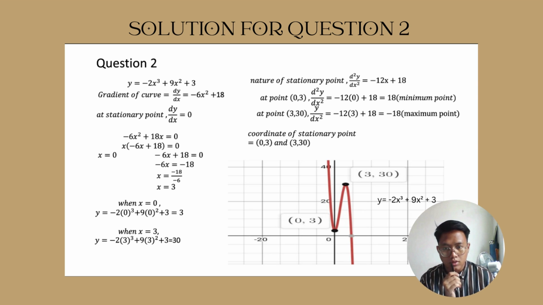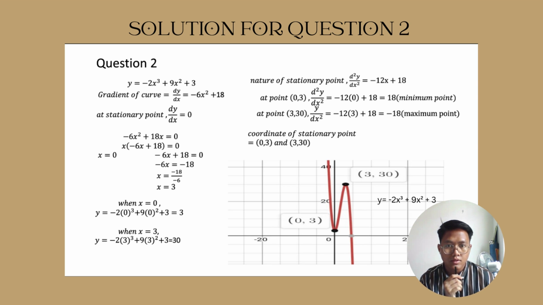When x equal to 3, y equal to negative 2 times 3 cubed plus 9 times 3 squared plus 3 and you can get y equal to 30.